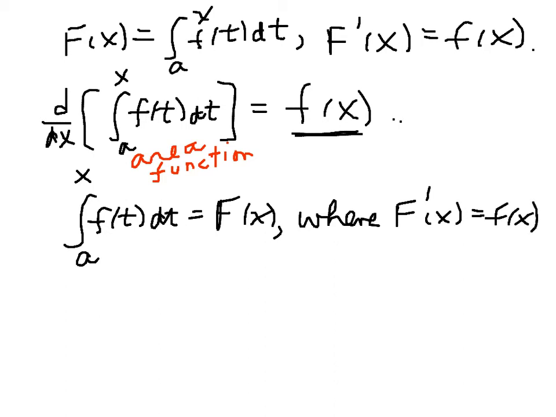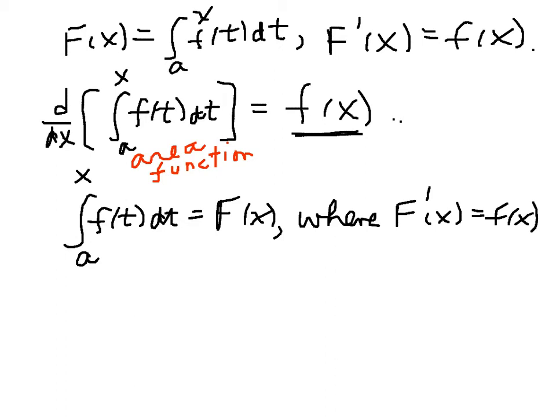Right? The derivative of big F is equal to little f. So if I take the derivative of this, I get f of x. So this is saying exactly what this says in an inverse way. So, big deal so far.